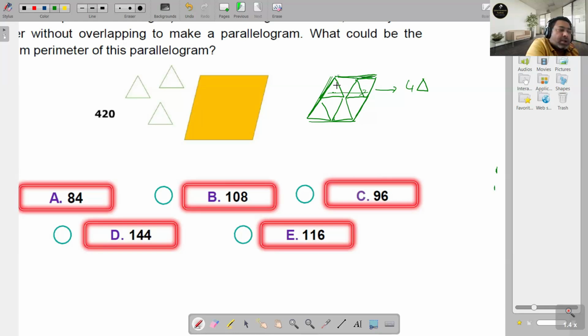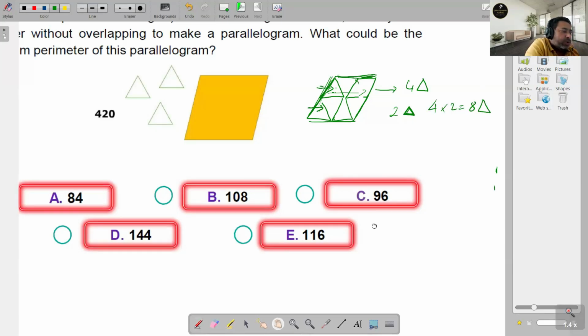But in the column, how many triangles are we using? Actually, we need to count it like this. The row is 4, and then we have two of the rows like this. So we have 2 triangles only. Now overall we have 4 times 2, we have 8 triangles here.